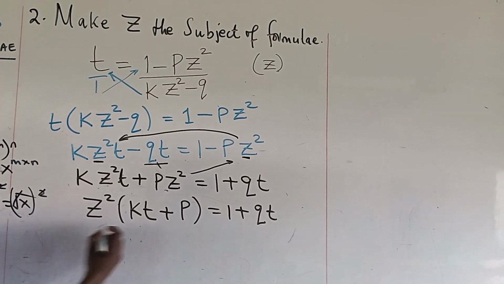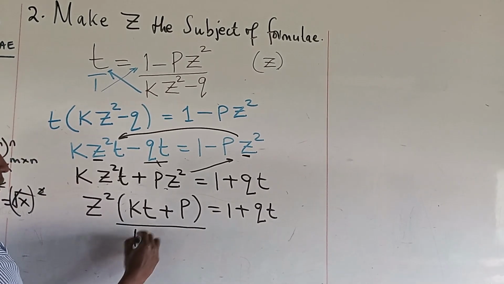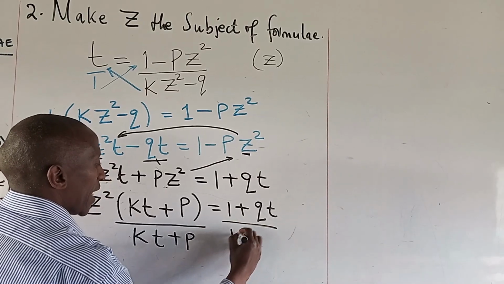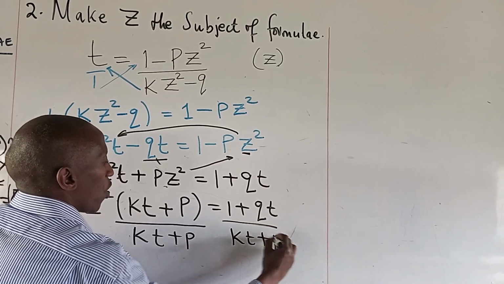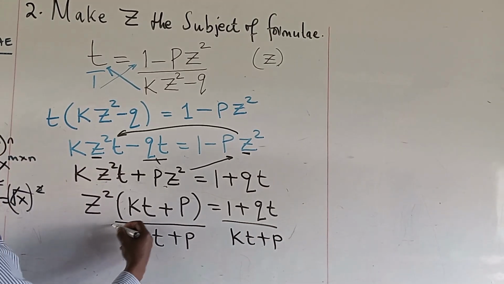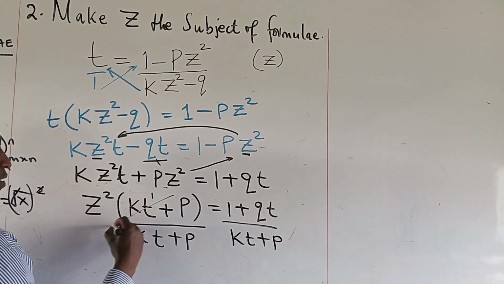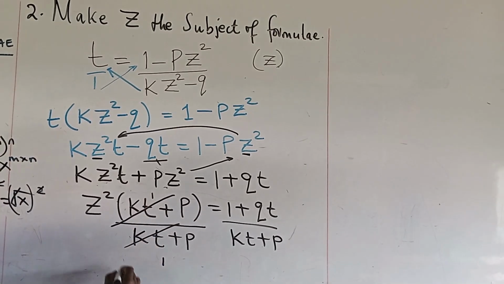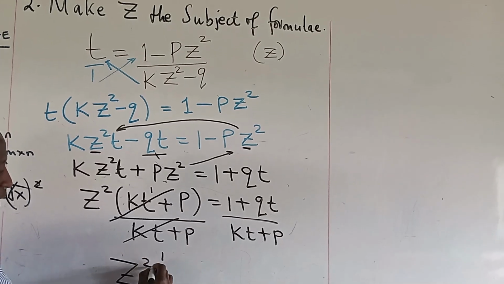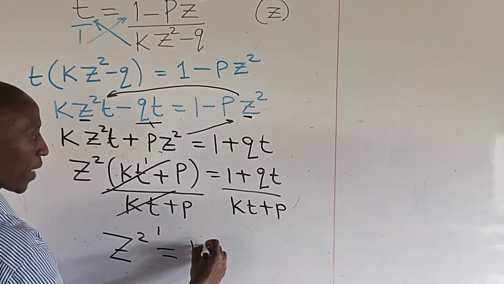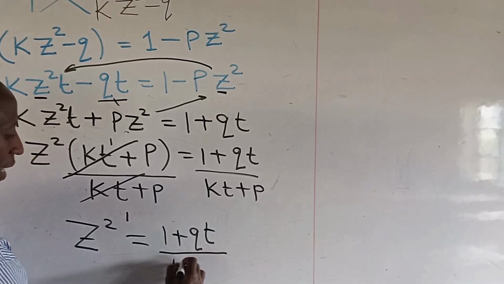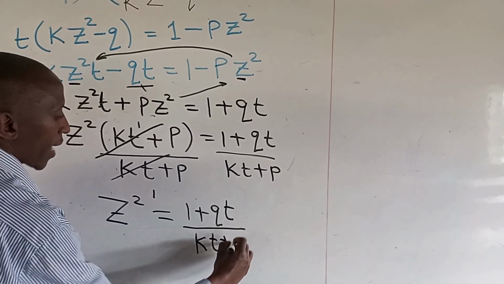Step number 4, we divide out KT plus P, will divide by KT plus P on both sides, such that all this divides out as 1, and this divides out by 1. So we are left with Z squared being equal to 1 plus QT all over KT plus P.